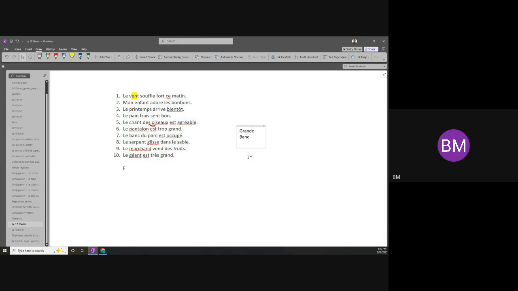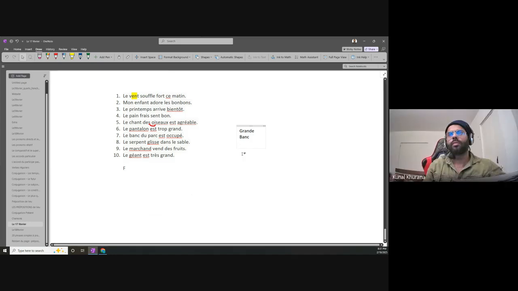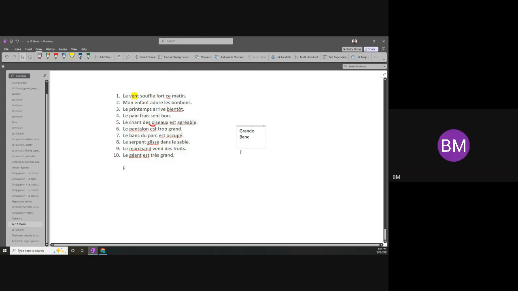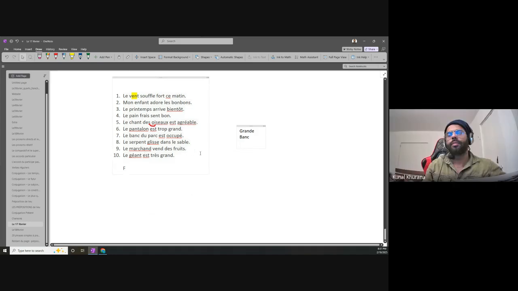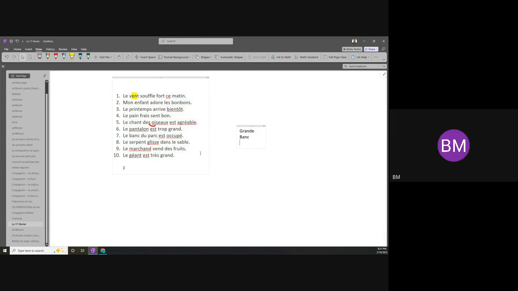Le serpent glisse dans le sable. Le marchand vend des fruits. Le géant est très grand.